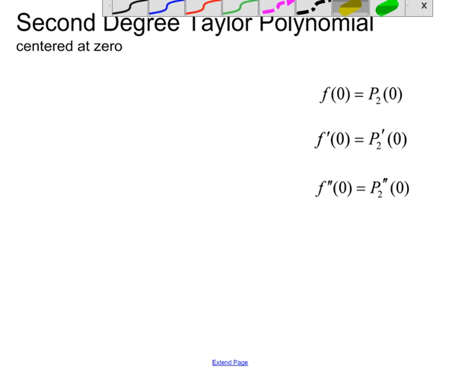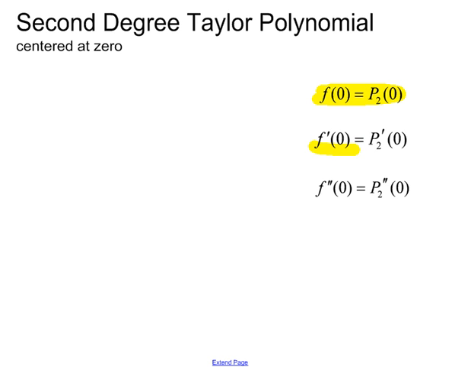Not only is the function and the curve going to share a point, and they're going to have the same 1st derivative at that point. In addition, they're going to have the same 2nd derivative at that point.